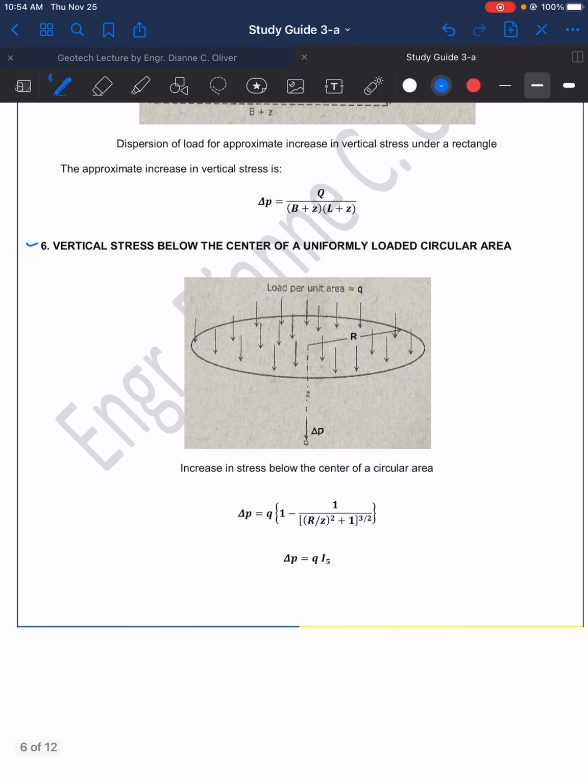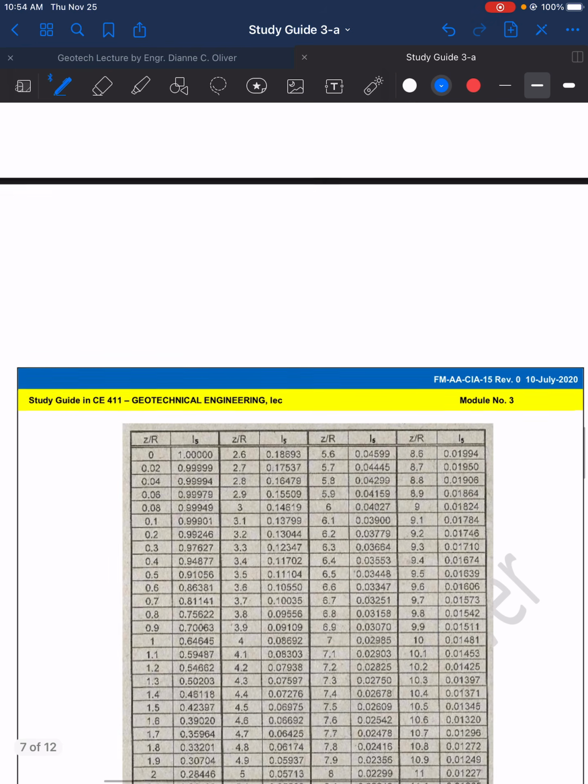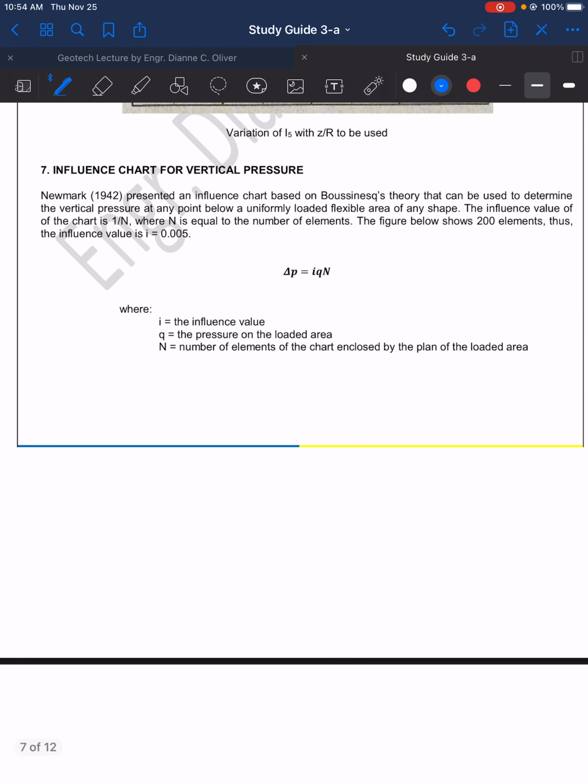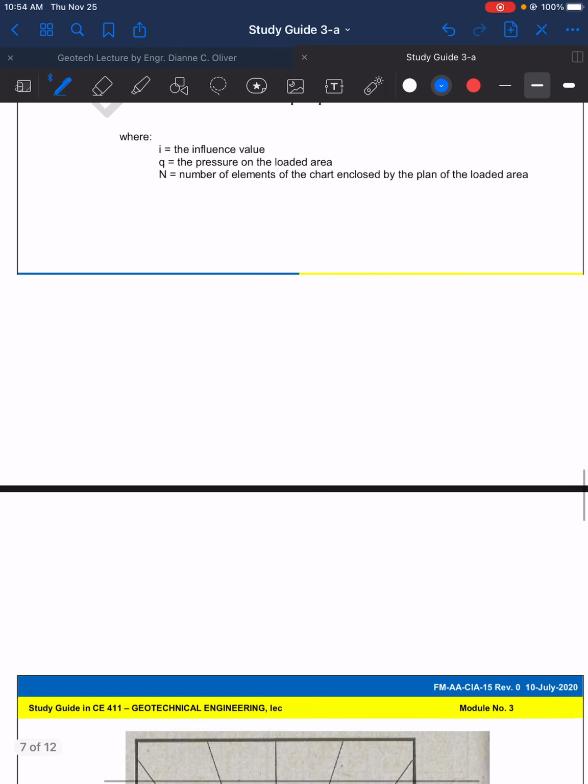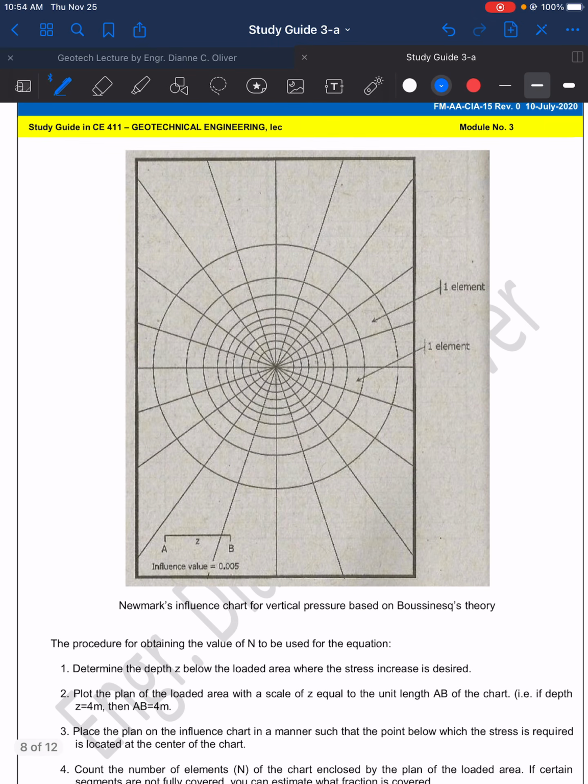The sixth one is for vertical stress below the center of a uniformly loaded circular area. Then lastly, we have the influence chart for vertical pressure, and we will be using Newmark's influence chart.